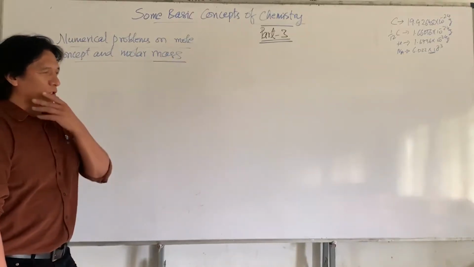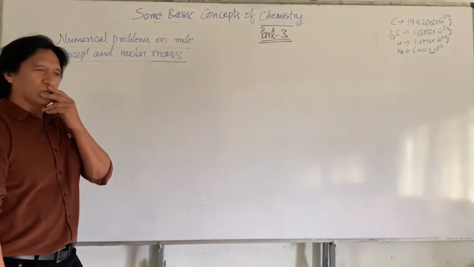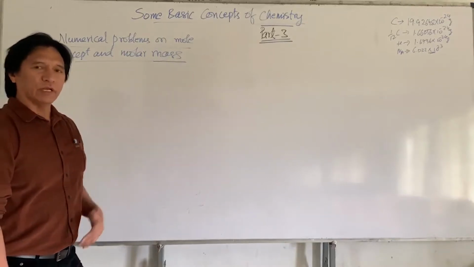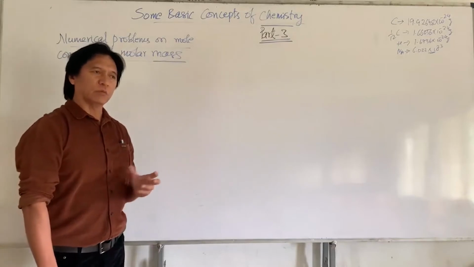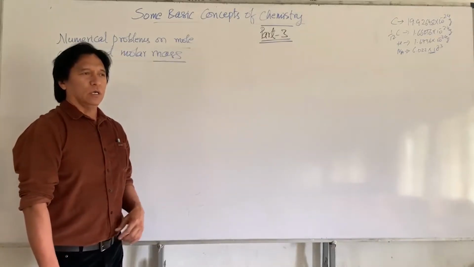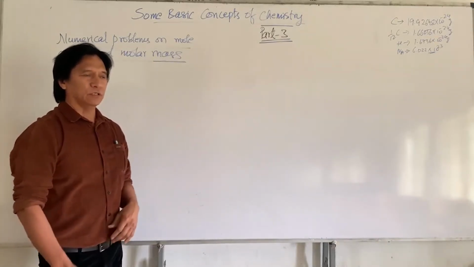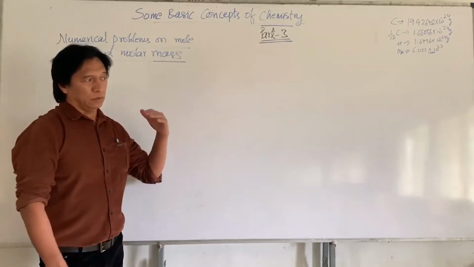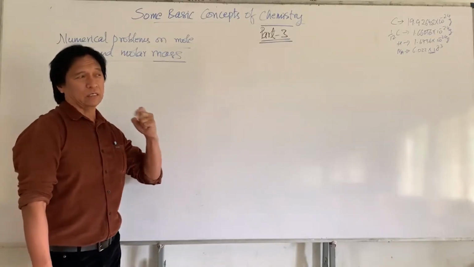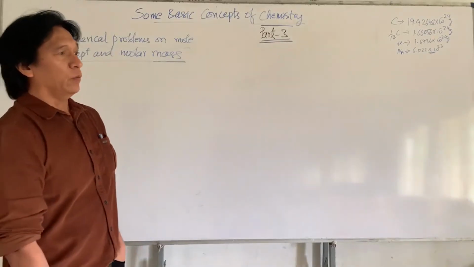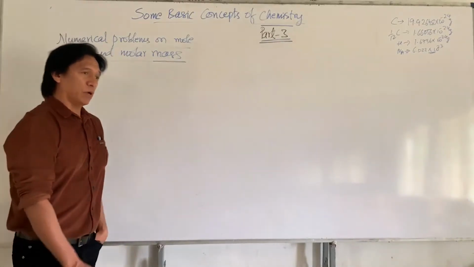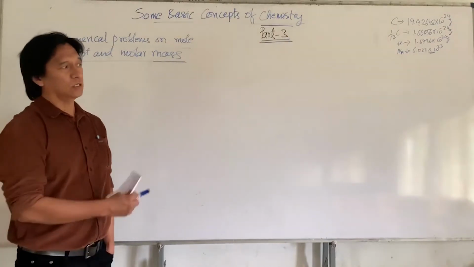You also learned how to find the relative atomic mass of an element, and then how to find the average atomic mass of an element. Apart from these, you also learned about the molecular mass, then formula mass, and then we did some numerical problems or calculations based on these.